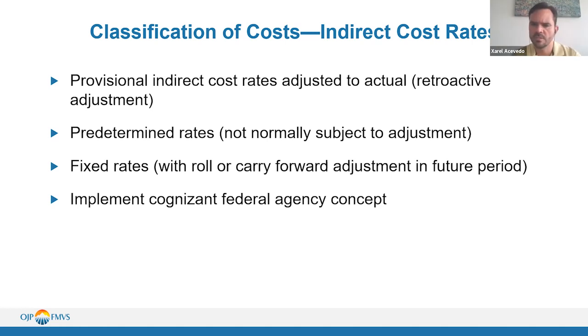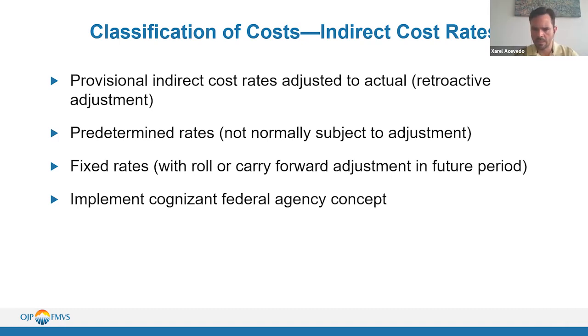Next one, it says fixed rates with roll or carry forward adjustment in future period. Okay, in most cases, this sort of works itself out because it's carried forward, and any adjustments for increments or decreases can be done in future periods. And then there's the cognizant federal agency concept.